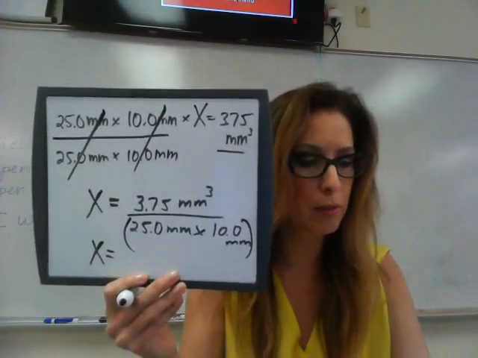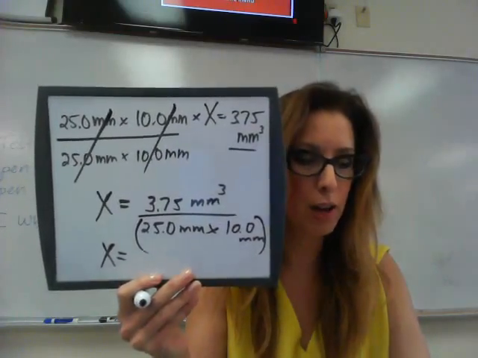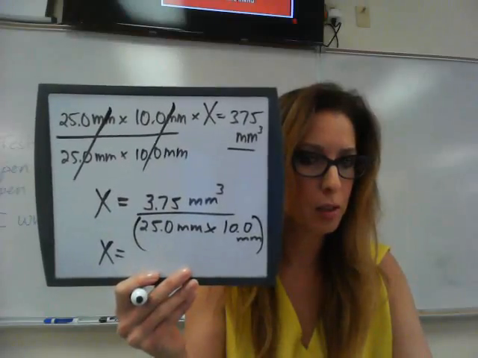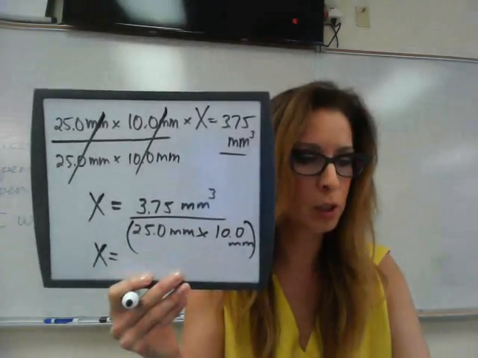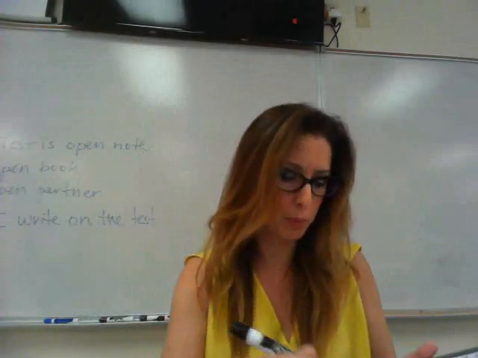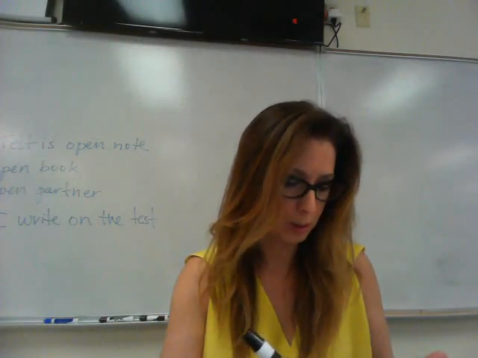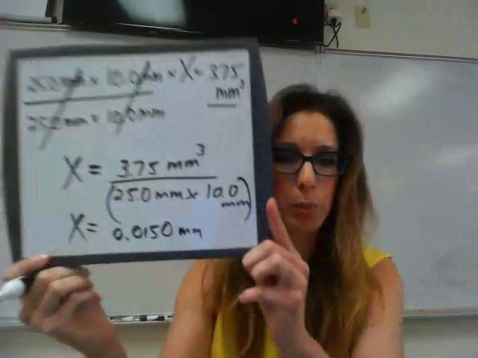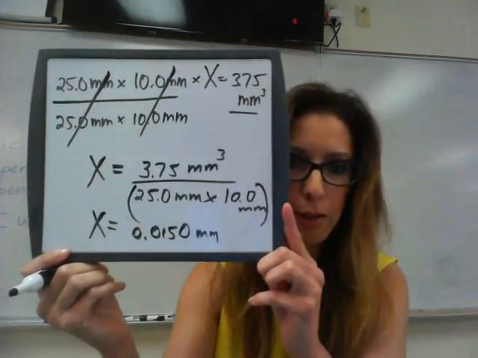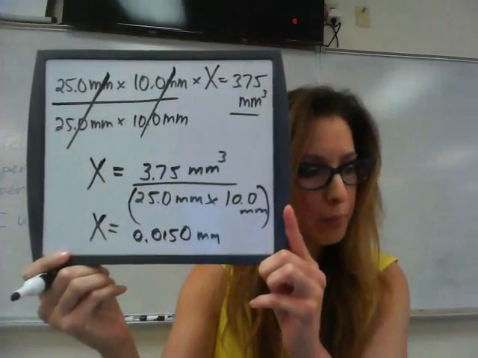So 3.75 divided by parentheses 25.0 times 10, close the parenthesis. You're going to end up with 0.015. Add a 0 on the end because you need to have 3 significant figures because everything has 3 significant figures here. Okay? And that's your answer.